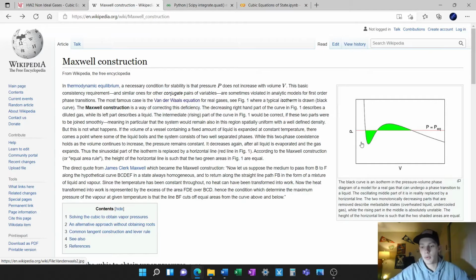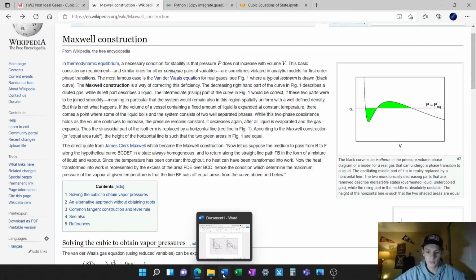That's very important for us because it means these intersection points, 1, 2, and 3, are our specific volume values at that vapor pressure. So that's extremely important for us to realize before we dive into this.